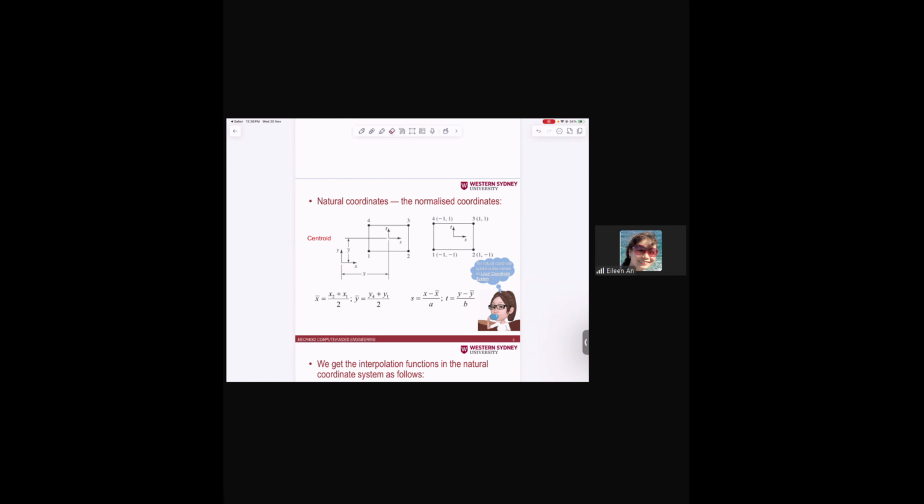And we have another one, y bar. And then we make this length, for example, as we discussed, the length of this rectangle equal to x2 minus x1, and the height equal to y3 minus y2, right?